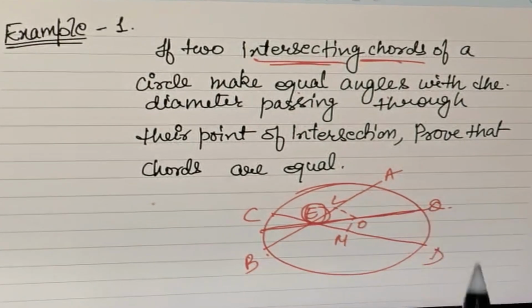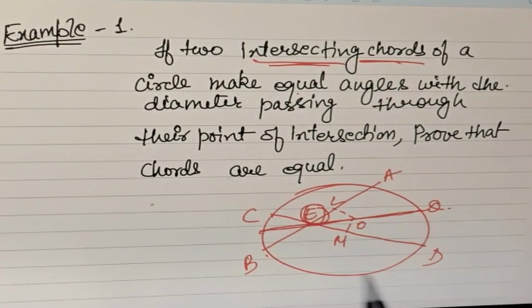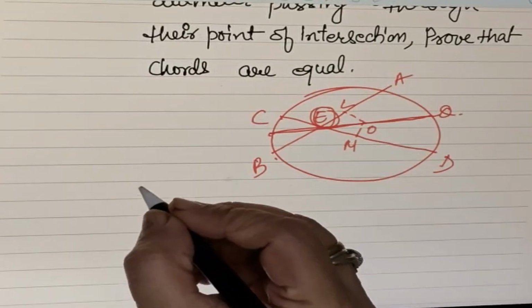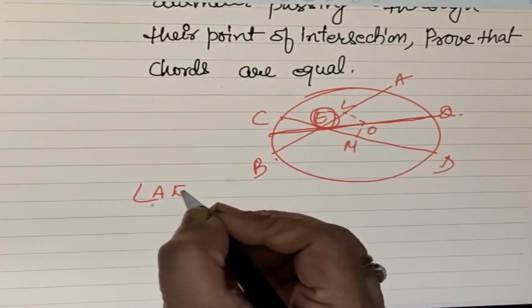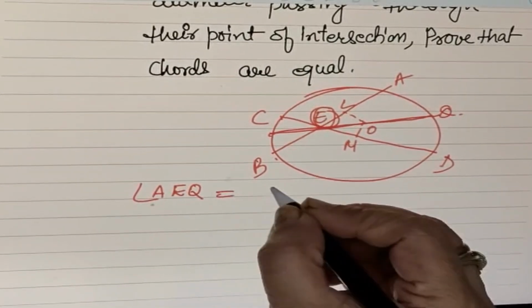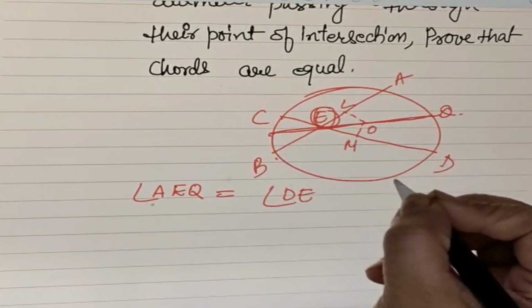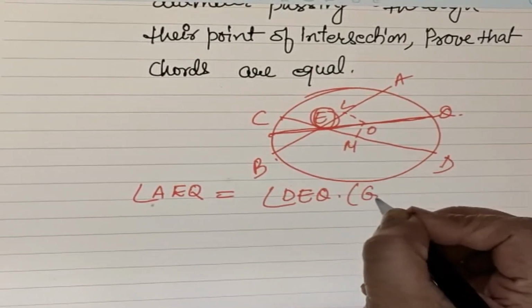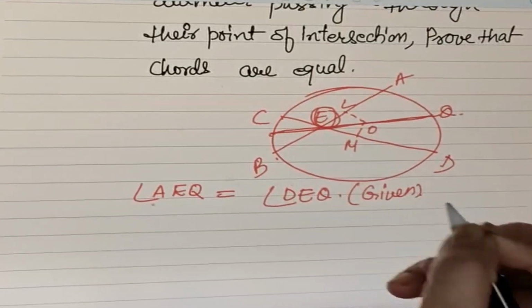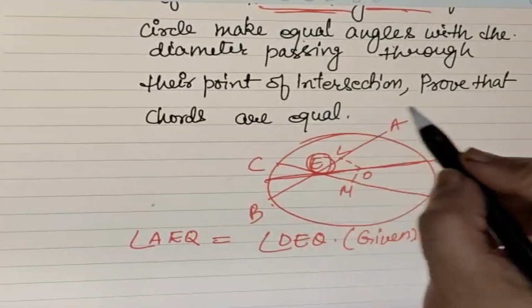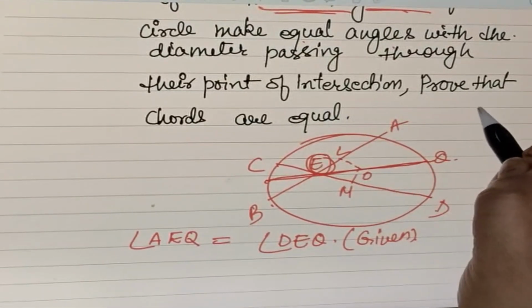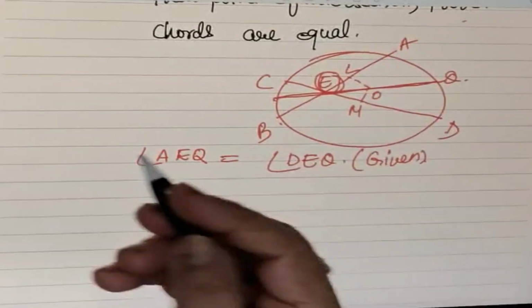This one is the diameter. Now this will be angle AEQ is equal to angle DEQ. This is given in the question. Correct. Now if you see their point of intersection, prove that the chords are equal.